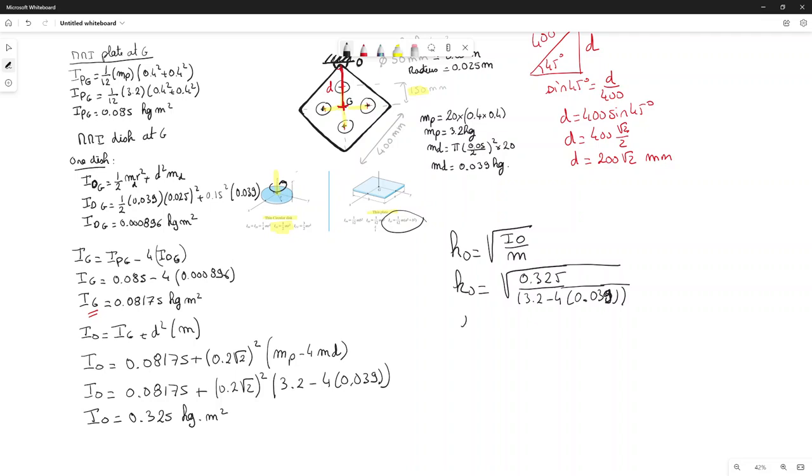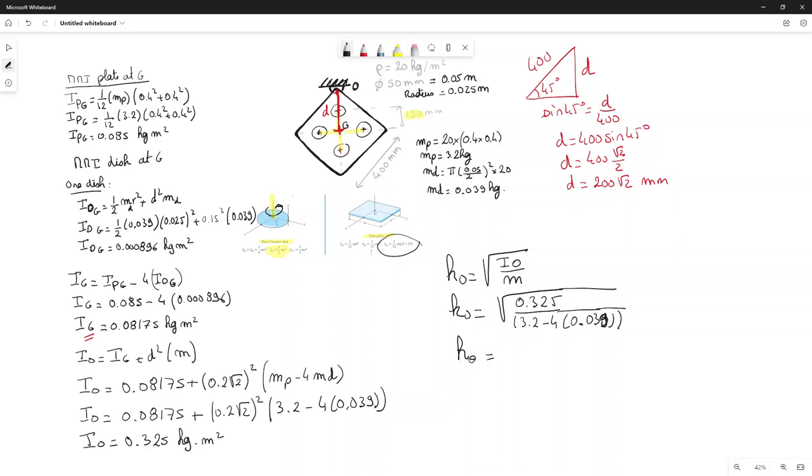How much is KO? We hope to have something between 200 and 300 in millimeters, so 0.2, 0.3. That will give us 0.327, and that's meter. So KO equals 327 millimeter.